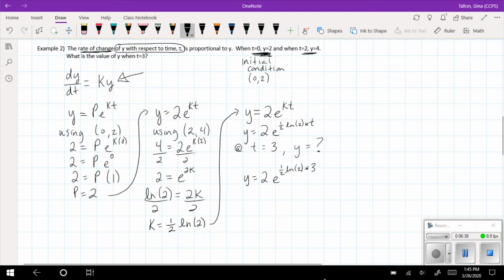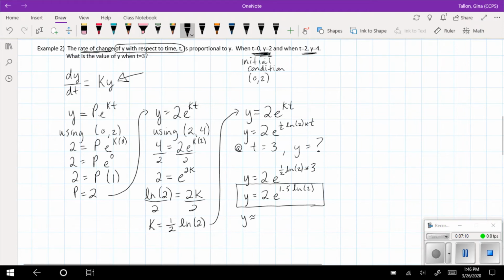I'm going to take the 3 and multiply by the 1/2. And now I could put this right in the calculator the way it is, as a matter of fact. I just feel like cleaning it up. So that gives me 3/2, and 3/2 is like 1.5 natural log of 2. So I could say that this is my answer right here if I wanted to. Or I could throw it in the calculator and get an approximation for the y value. Let's do that.